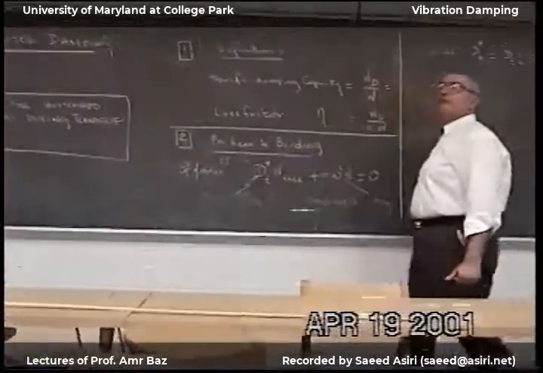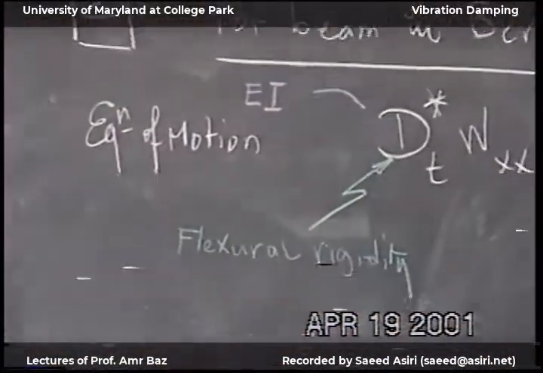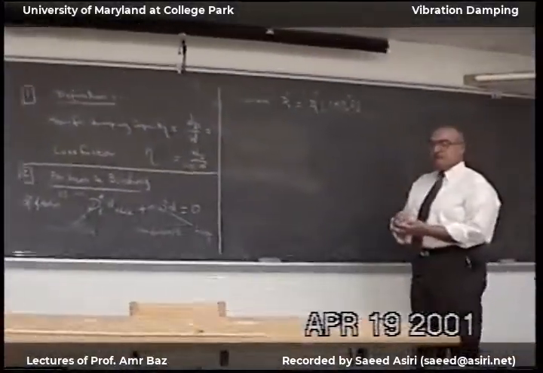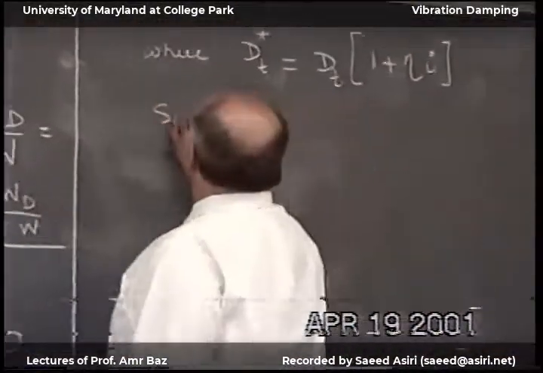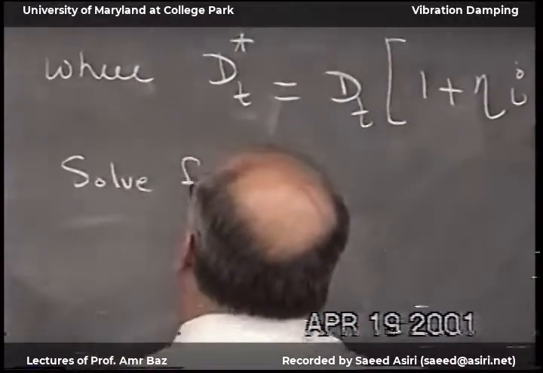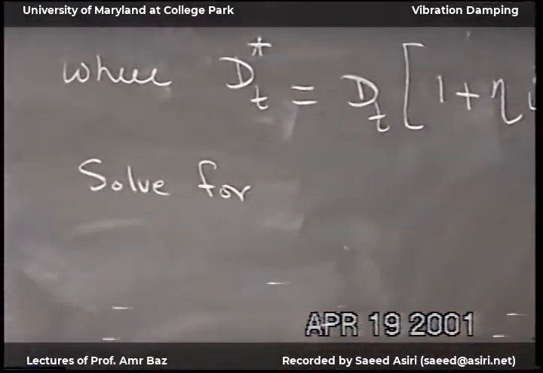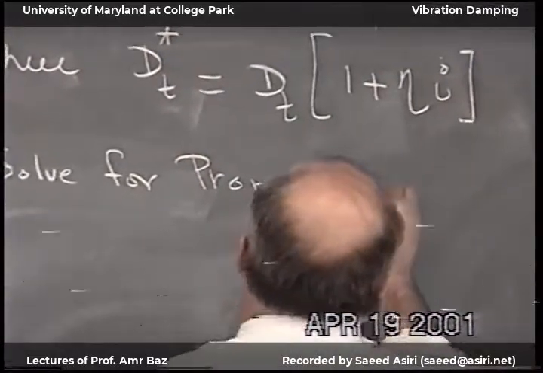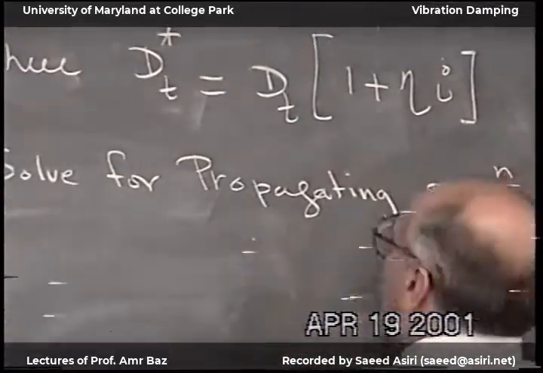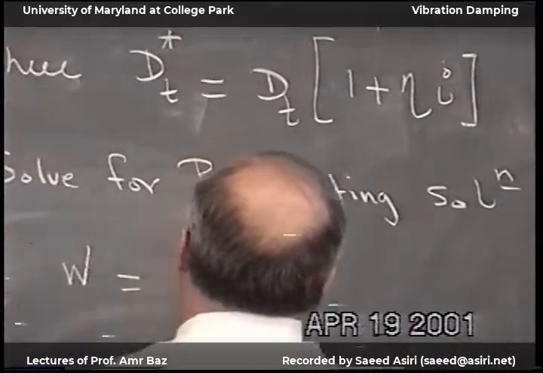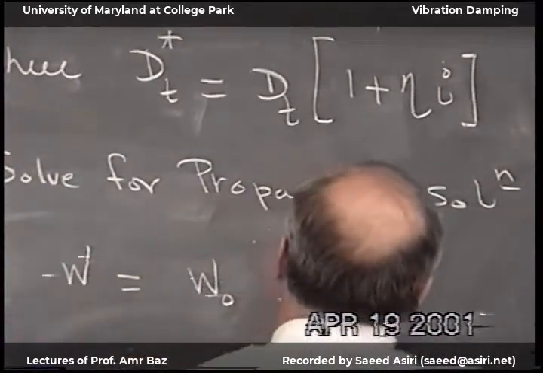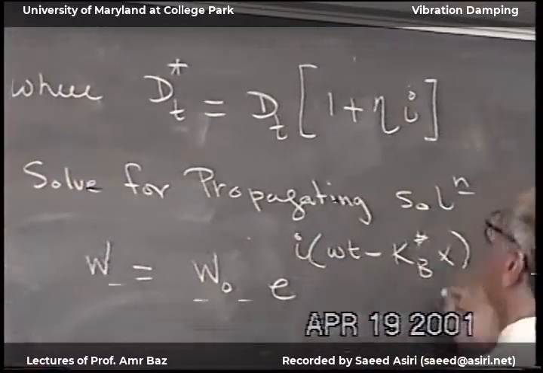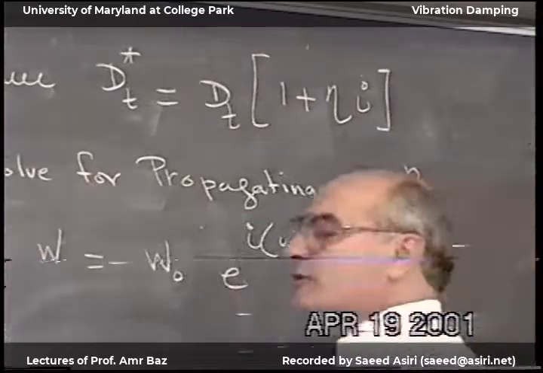Young's modulus is a complex number because of the viscoelastic material, so we have this loss factor in the picture. And then from here we solved for the propagating solution only, and found that this is equal to, and k_B is the wave number.